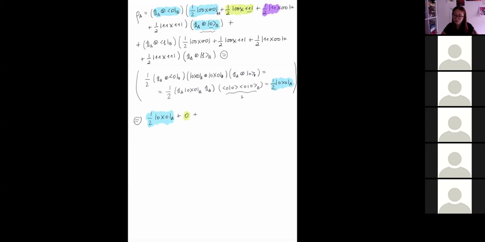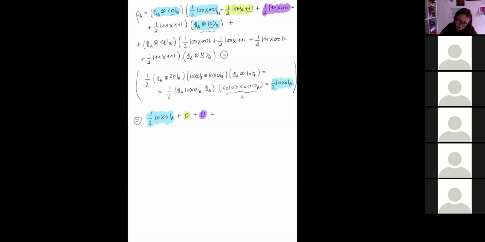this one, I also claim that it will give us 0, simply because we have 1 on B here and 0 on B here. The bra 0 and ket 1 will give us 0 because it's a scalar product. The vectors are orthogonal. So again, 0, plus the last element of the sum.